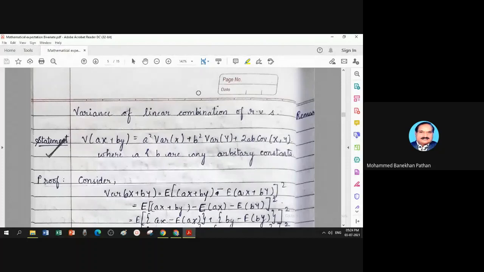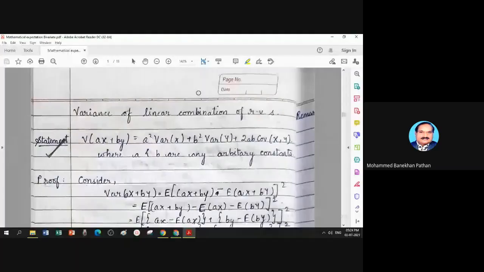Theorem number 1 says expectation of sum of random variables is equal to sum of separate expectations, and this can be for any number of variables.